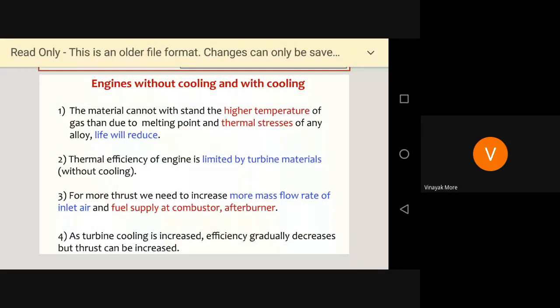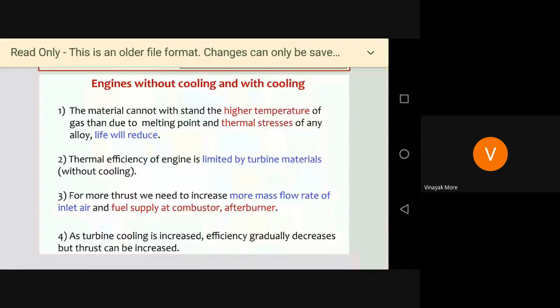Metals, if you see, have a melting point of up to around 1100 degrees centigrade for the alloys. And if you go for the super alloys or some nickel chromium alloys, we have higher temperatures, which can sustain up to around 1900 or 1700 degrees centigrade with cooling. How the cooling will be done, we'll see later.